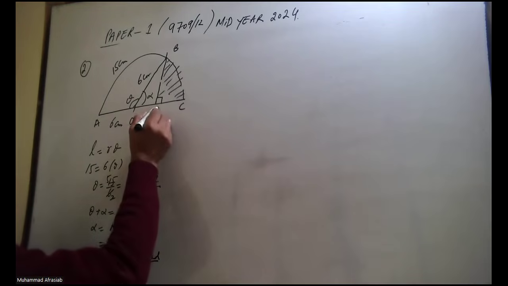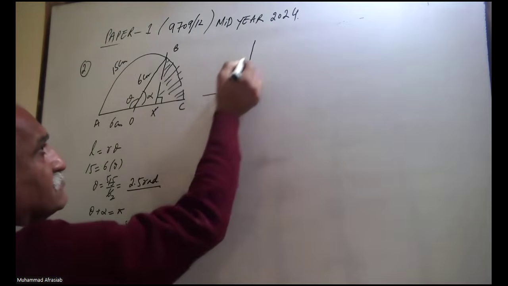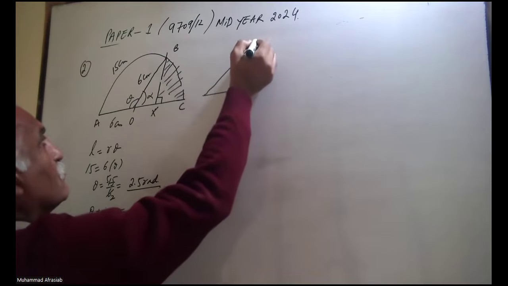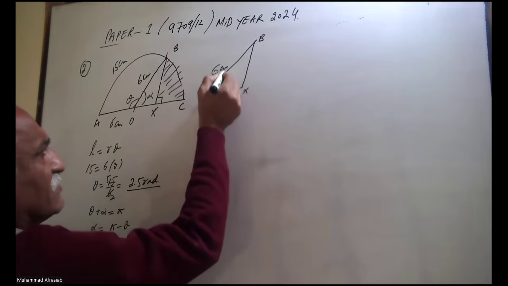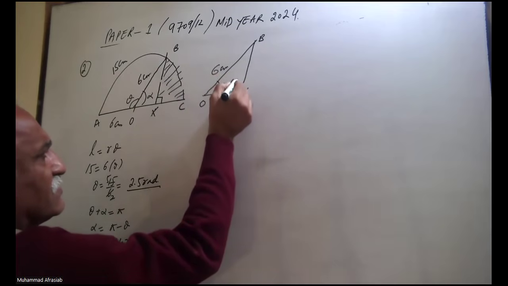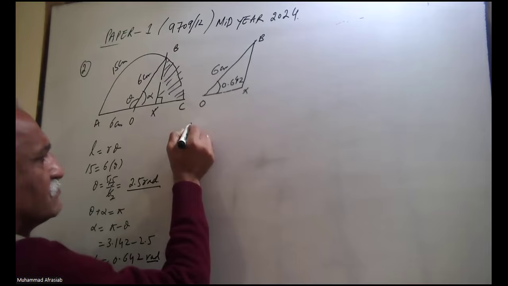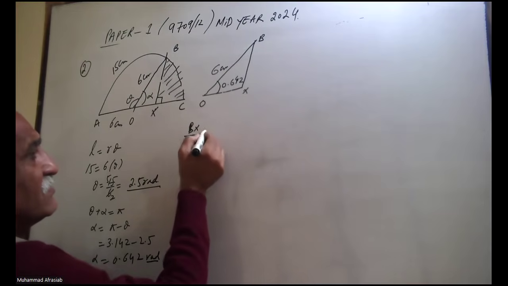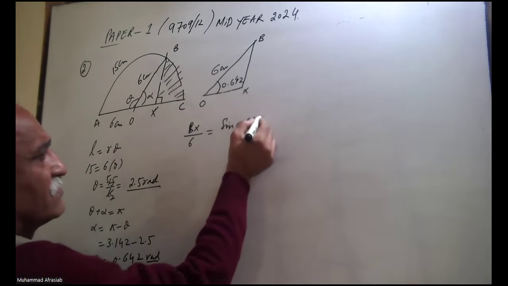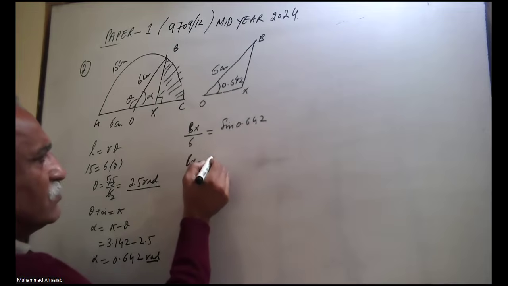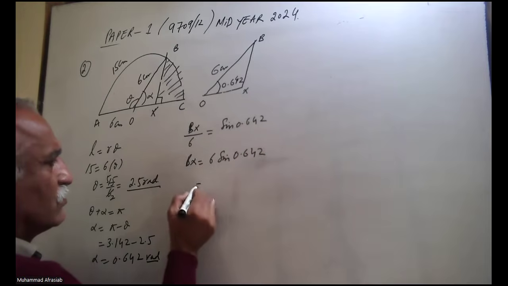Now, we know that in the right angle triangle BXO, where this is 6 centimeters and this angle is 0.642, then BX over 6 is equal to sine of 0.642, or BX is equal to 6 into sine of 0.642.